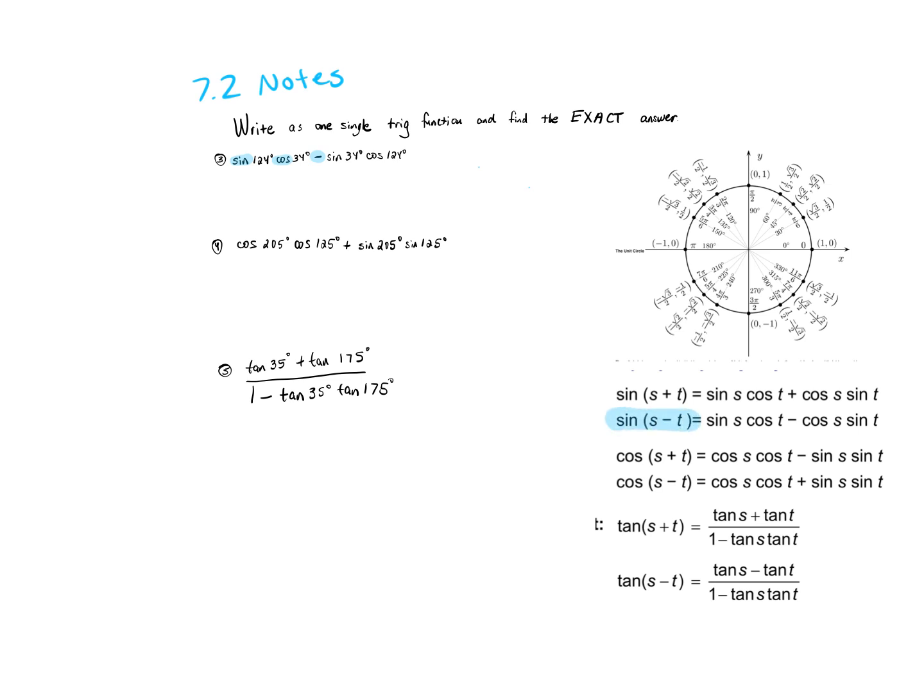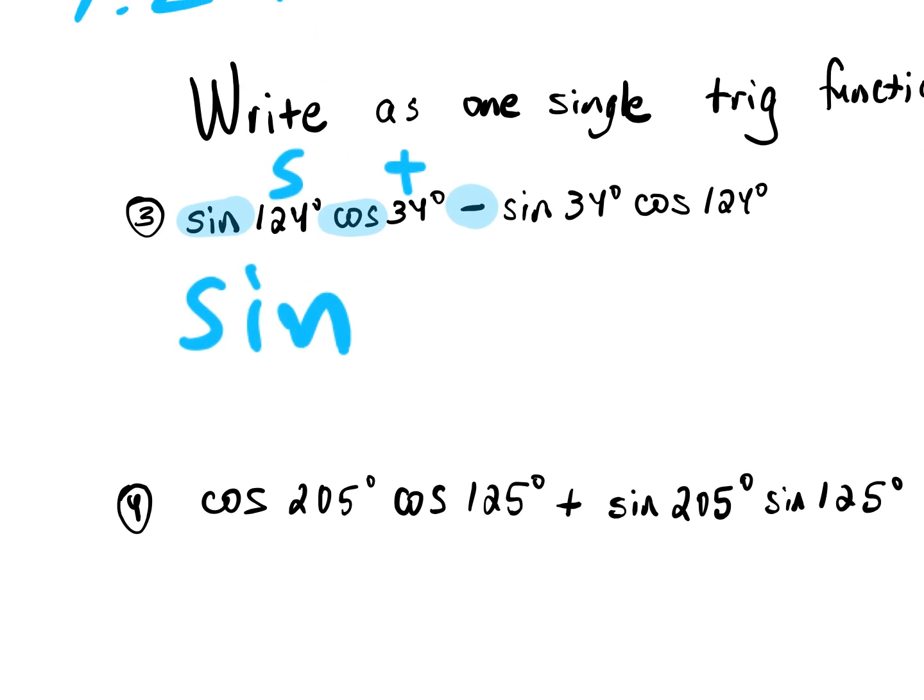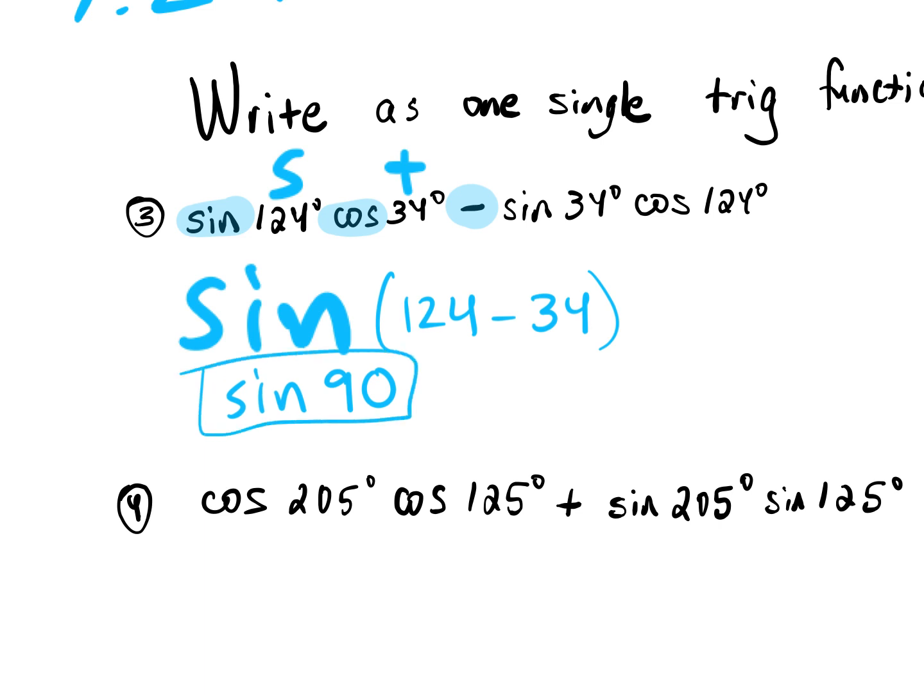So we're going to use sine. The first numbers are s, the second numbers are t. So sine of 124 minus 34. So this would be sine of 90. So this is answering the first question. This is writing it as one single trig function.